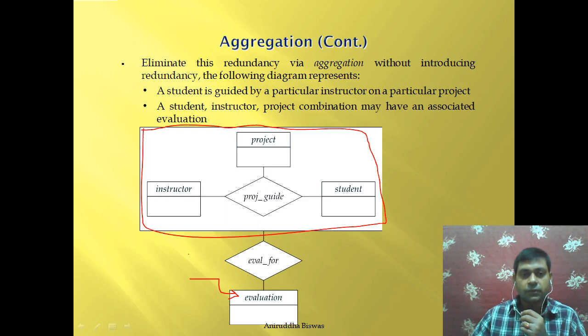So this entire thing we can consider a complex entity which is the aggregation of this evaluation, meaning in an aggregated way we finally get the evaluation result. So this is the aggregation relationship.